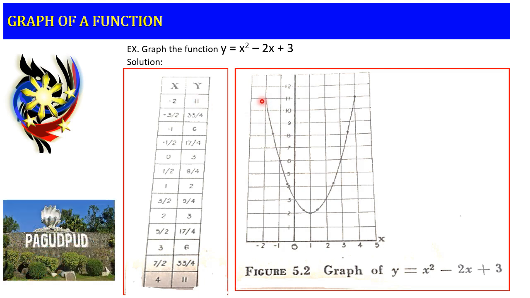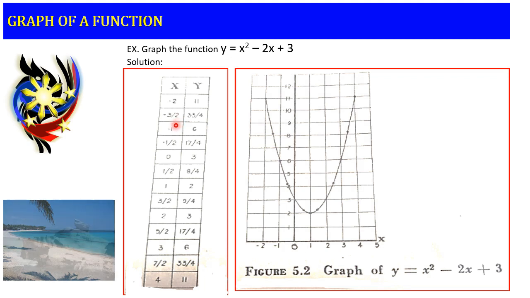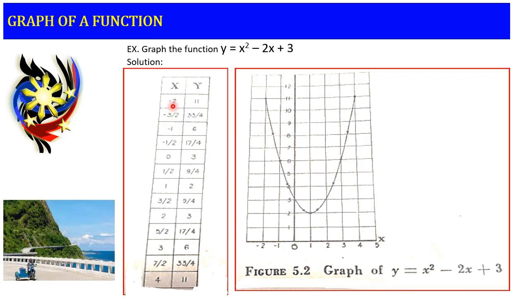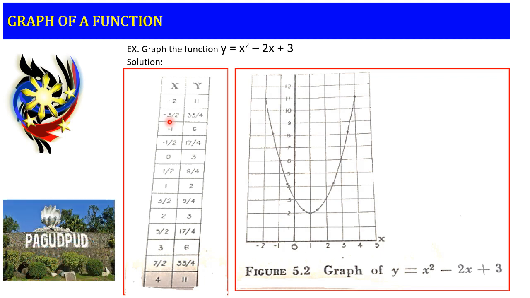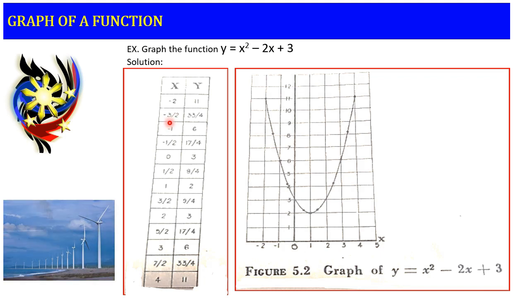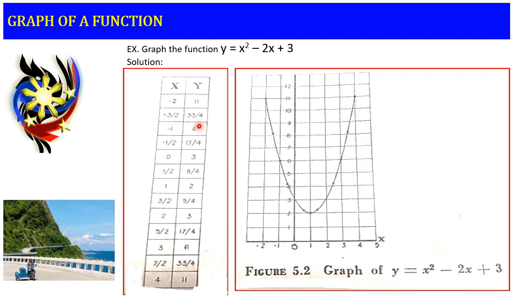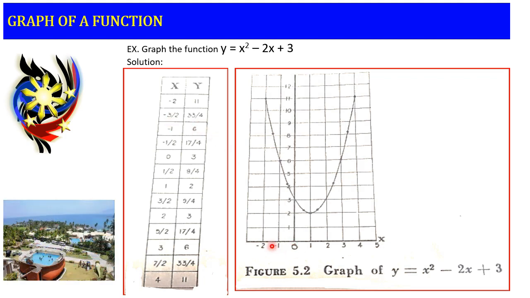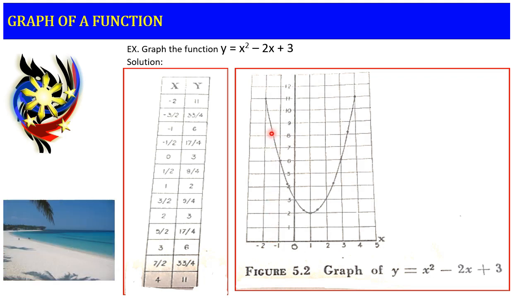Ayun, negative 2, 11. Tapos, nilagay niya, edi negative 1 and 1 half, ano? Or negative 3 over 2. Ang lalabas daw po ay 33 over 4. So, ito po yung 1 and 1 half. Ayun, yung point na yun, ano?